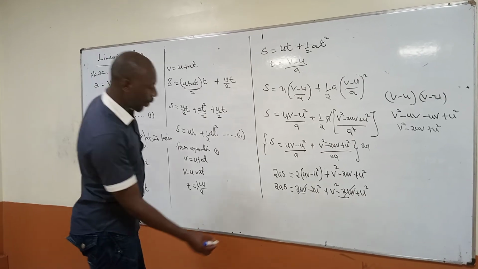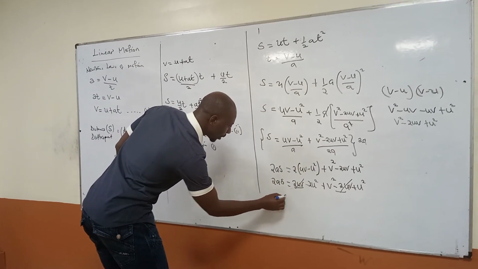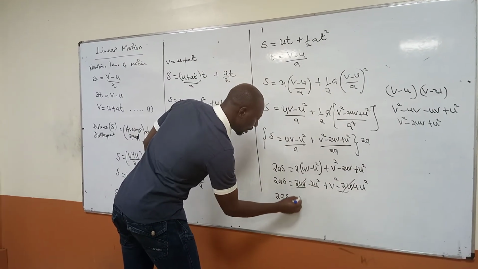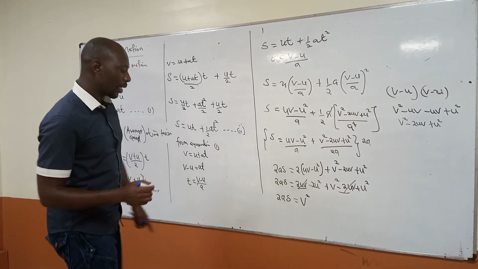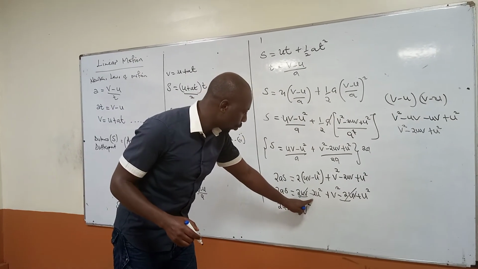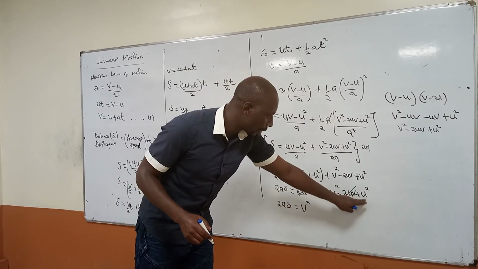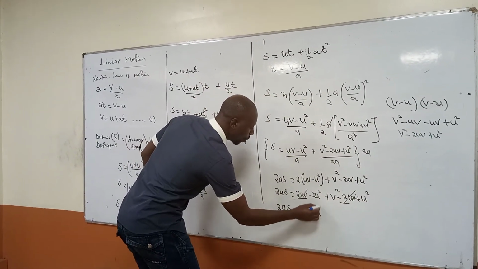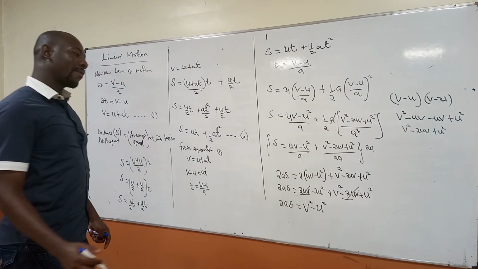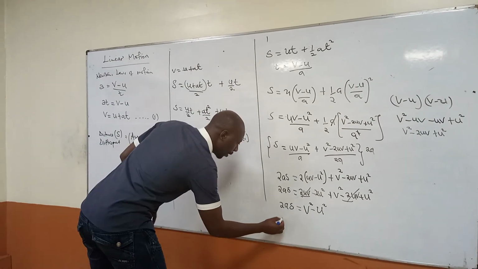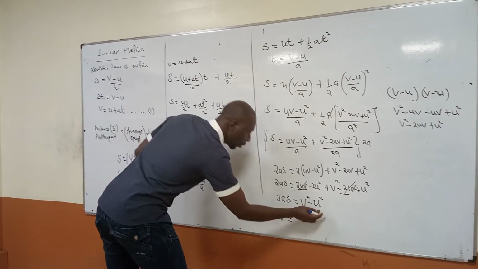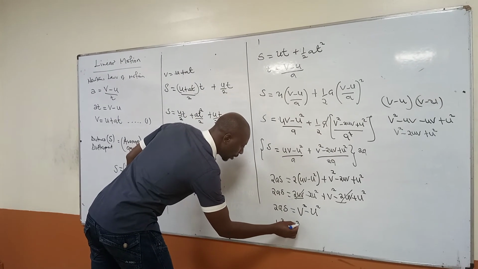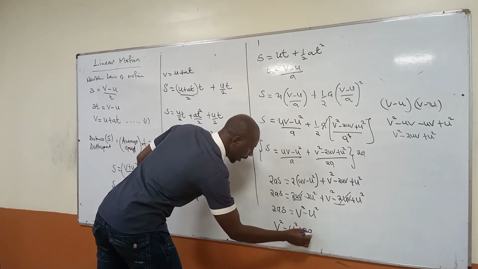Then you end up with 2as is equal to v squared. Here we have got negative 2u squared, and this is u squared. So if you sum this and this, you end up with minus u squared. So if you make v squared the subject, you'll end up with v squared is equal to, if negative u squared crosses, it becomes positive u squared, plus 2as.